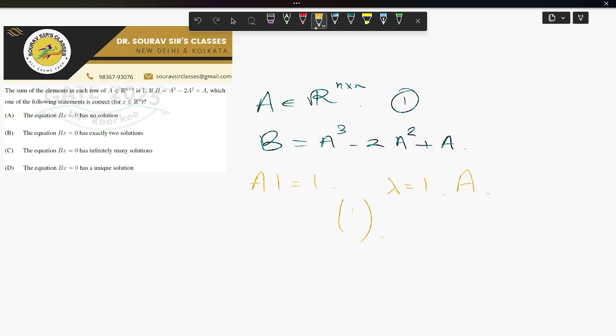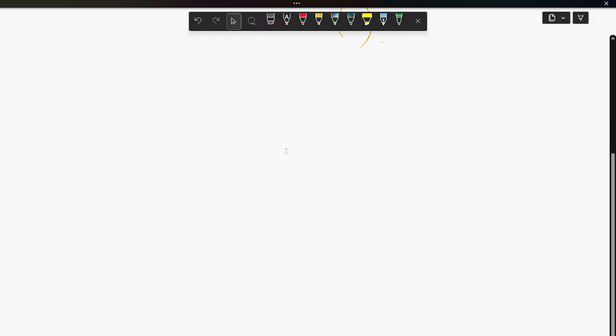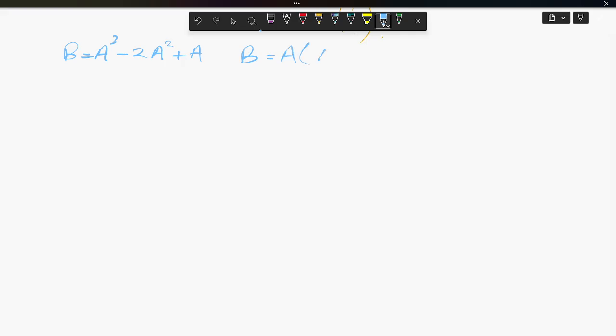So now expressing B in terms of A. Given B equals A cubed minus 2A squared plus A, this can be factored as A into A squared minus 2A plus I, which equals A into A minus I whole squared. So our B is equal to A into A minus I whole squared.